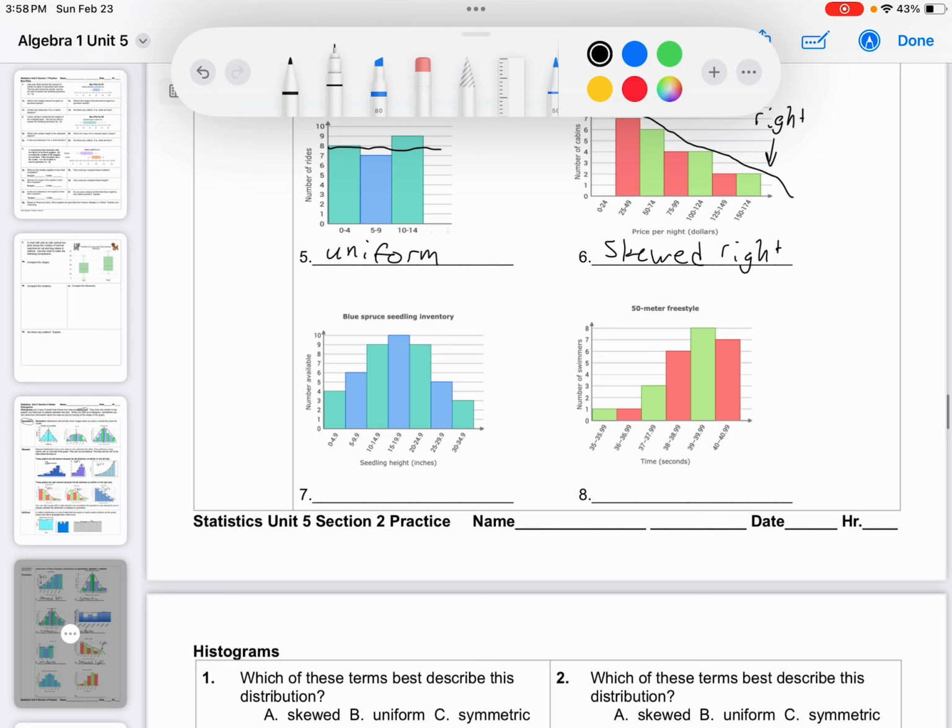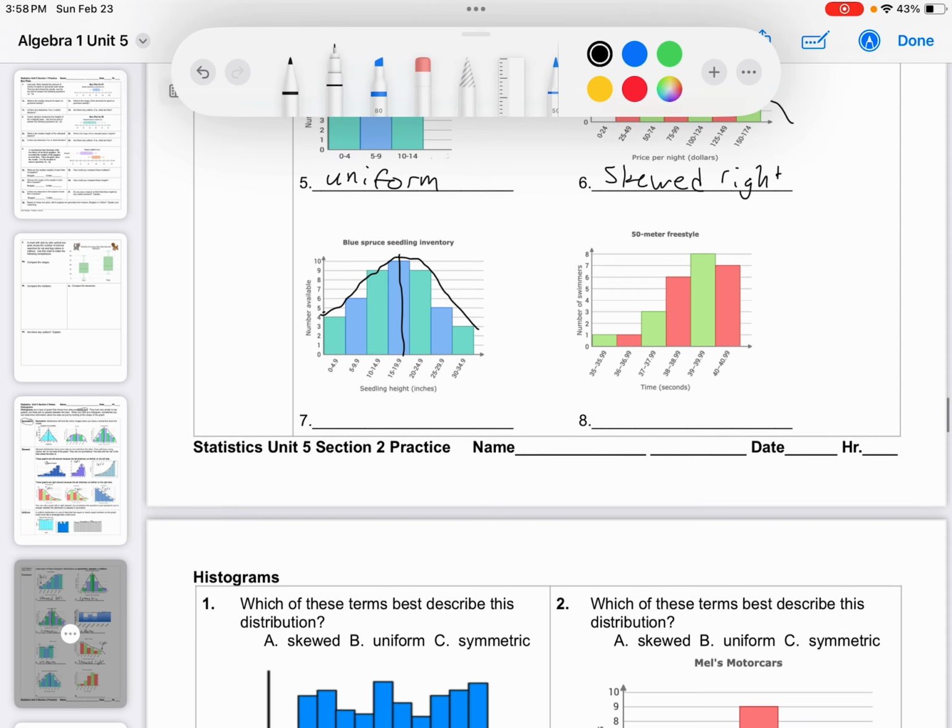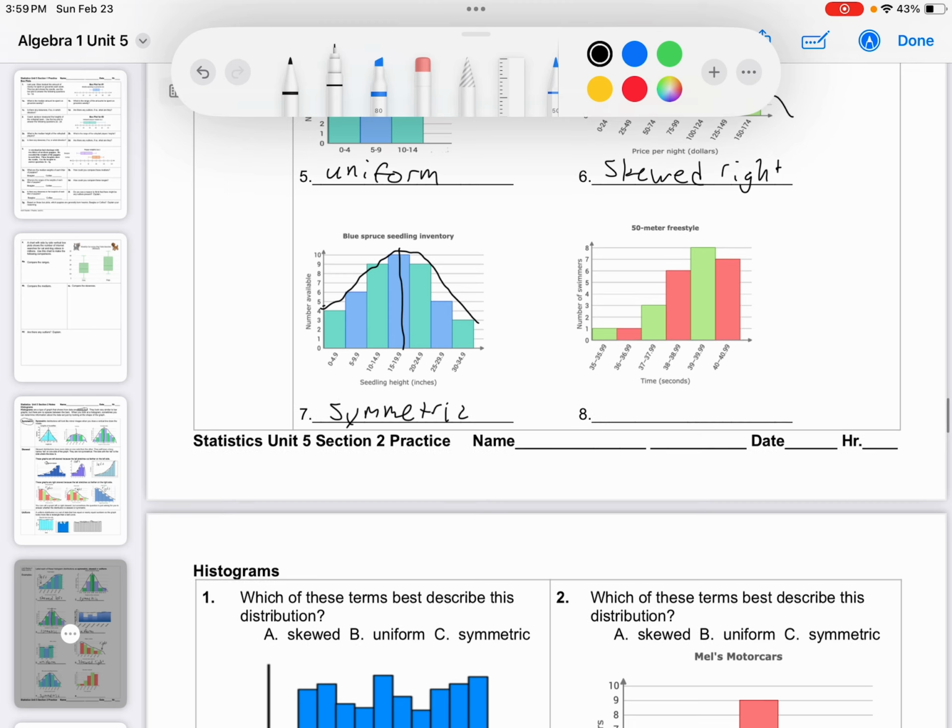Okay, number 7. As I look at this graph, it looks like we go up towards the middle and then it goes back down. So if I put a line through the middle, it looks more or less the same on both sides. I would say this one is symmetric. And finally, number 8. This graph looks like it kind of starts low and goes up to the right.